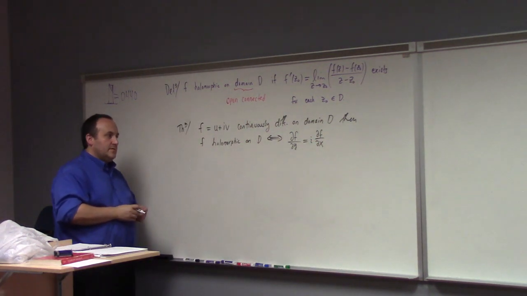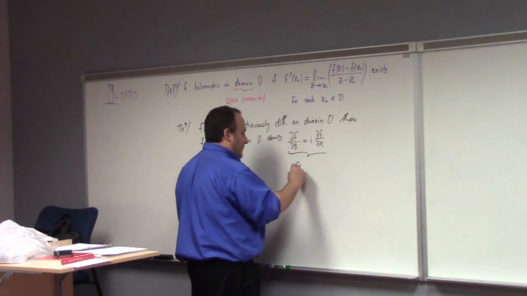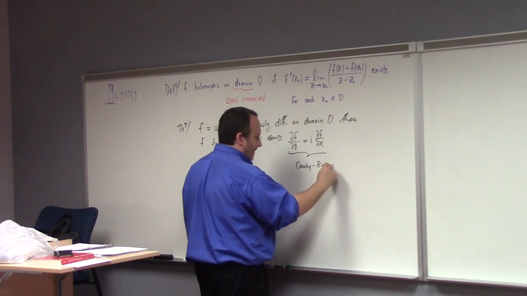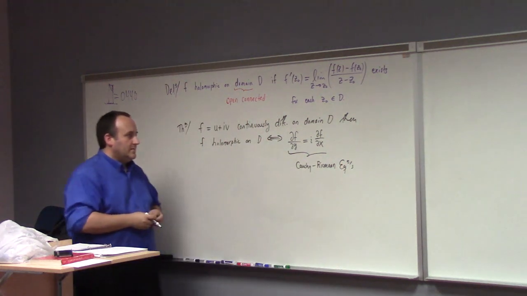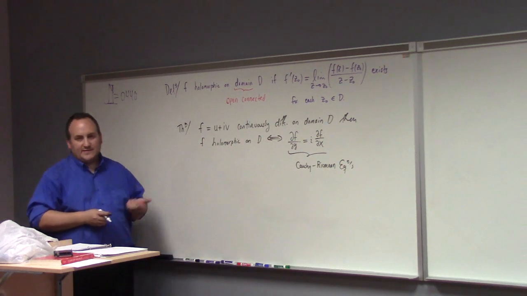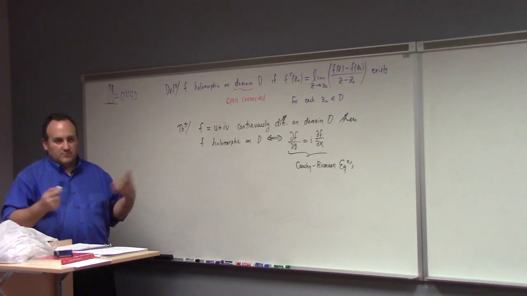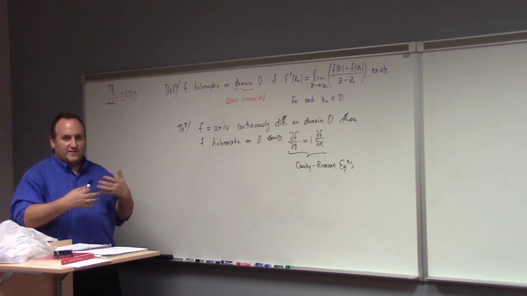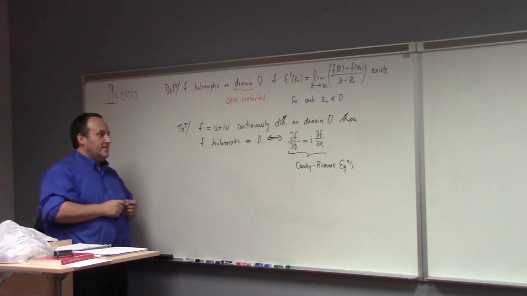These right here are the Cauchy-Riemann equations. So if the Cauchy-Riemann equations hold on an open connected set for a continuously differentiable function, it's holomorphic. All right? We'd like to understand better what this structure is actually giving us. That's what we're going to try to examine today.